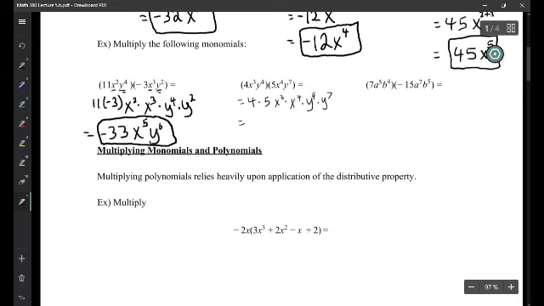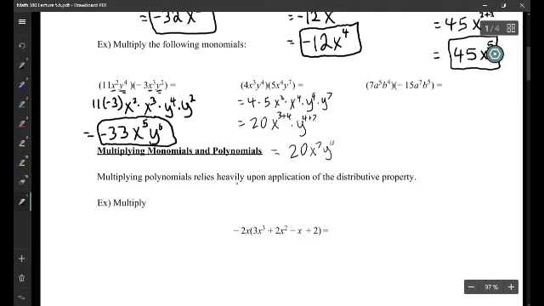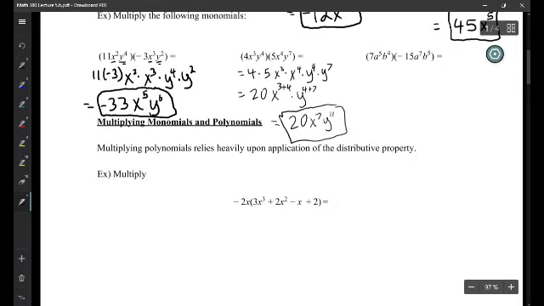And 4 times 5 is 20. And then x to the third times x to the fourth, we get x to the 3 plus 4. And then times y to the 4 plus 7. And we end up with 20x to the 7th, y to the 11th. All right.